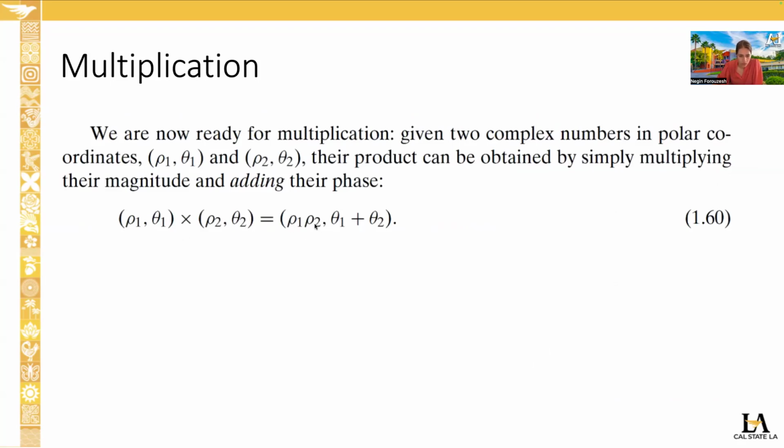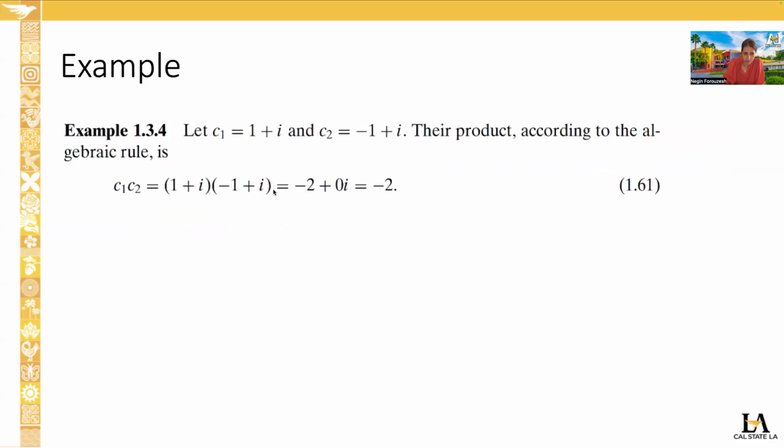Their multiplication has 2 parts. The first part is rho 1 times rho 2, so you're just multiplying their modulus. And the second part, you add their phases. Okay, this is how you multiply 2 complex numbers using their polar representation.